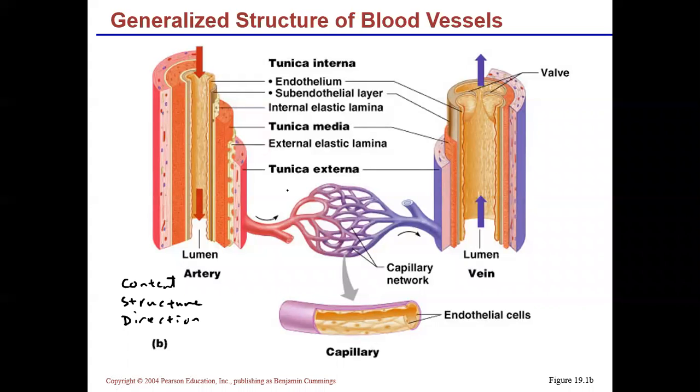The structure was the tunica media, tunica externa, and tunica intima, and capillaries didn't have a direction. Again, blood goes away from the heart in the arteries and so on. Content I just told you about. Pressure: higher pressure in arteries, lower pressure in veins and such.